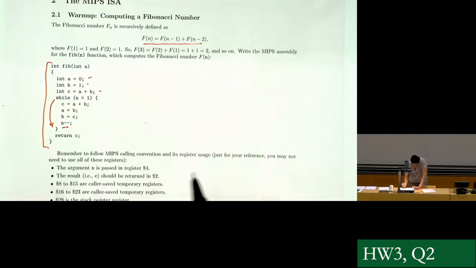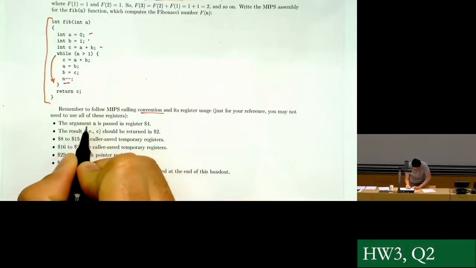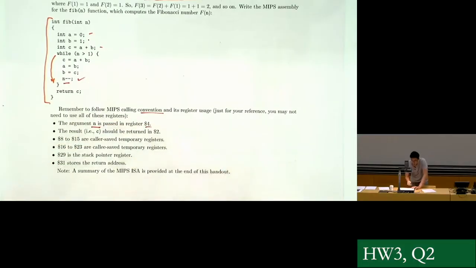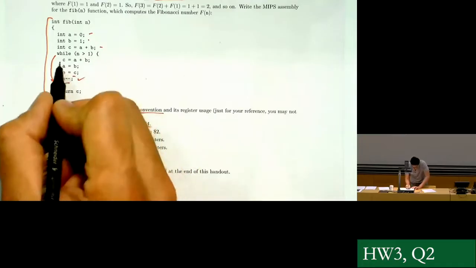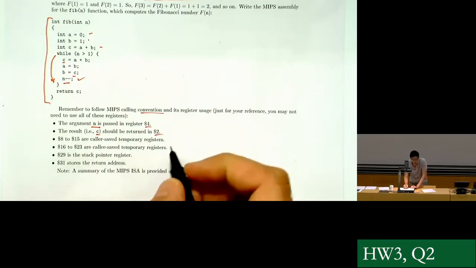Here there are some assumptions, conventions, to write our code. The most important thing for now is that the argument n, this counter here, is going to be stored in register 4, and the result C is going to be stored in register 2. Then there are also some register numbers, for example, for the temporary registers.